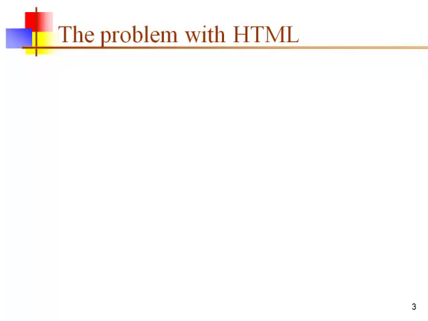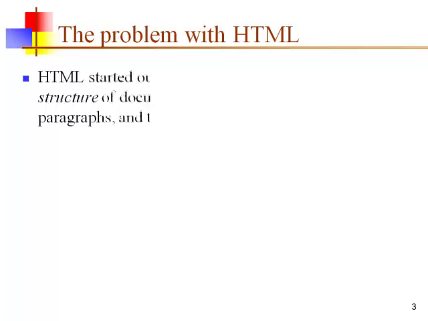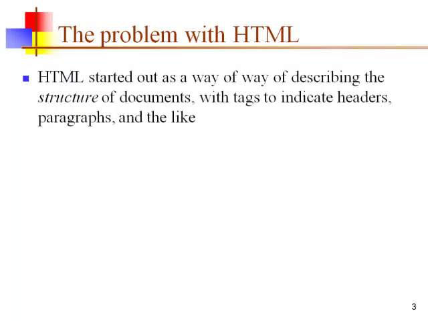What is the problem with HTML, and why do we go for XHTML? We'll see that now. HTML started as a way of describing the structure of the documents with tags to indicate headers, paragraphs, and the like.